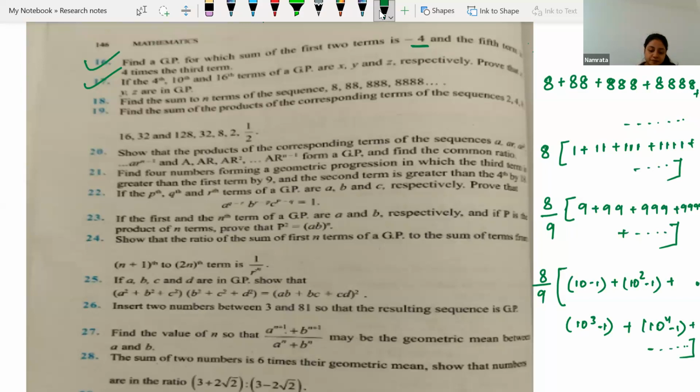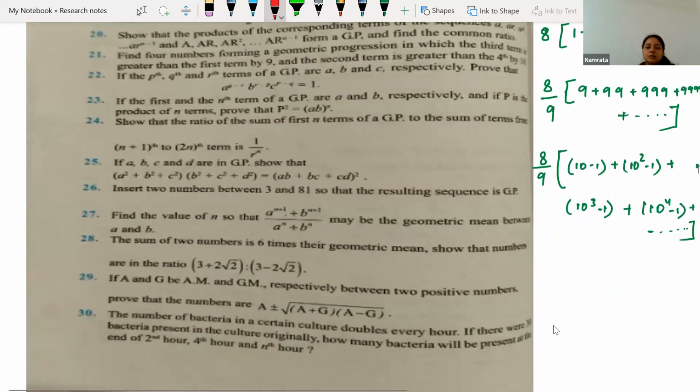Yes, ma'am. So here now we can use the formula of GP.